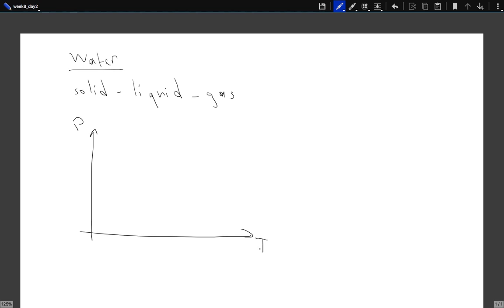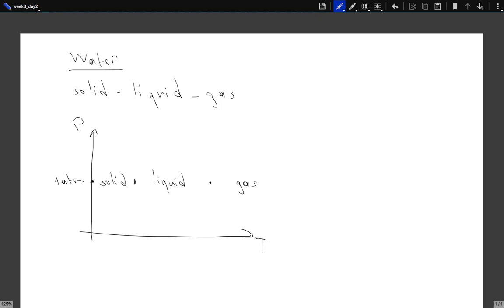In our everyday life, we are in one atmosphere. So at a pressure of one atmosphere, below a given temperature, up to this point, it is solid. When the temperature reaches a given value, it melts, so we have a liquid up to another temperature. And after the liquid phase, we have the gas phase.